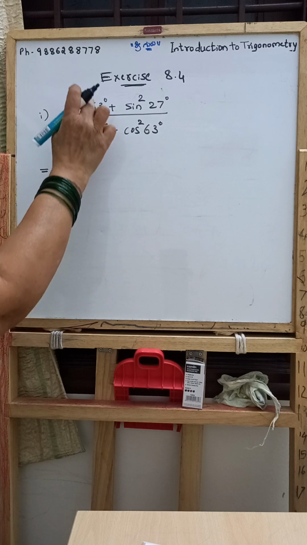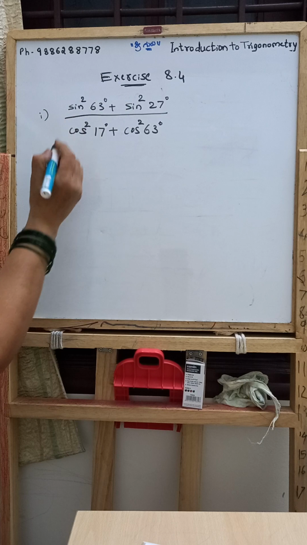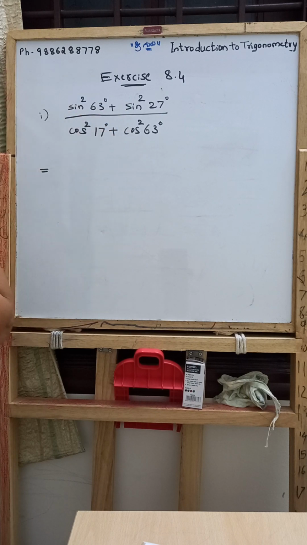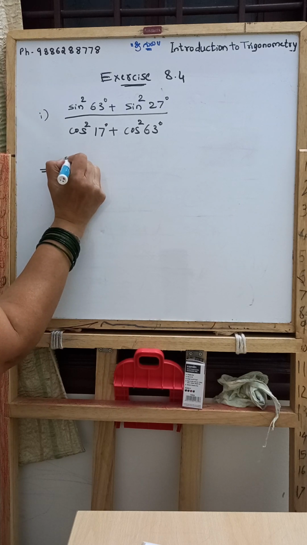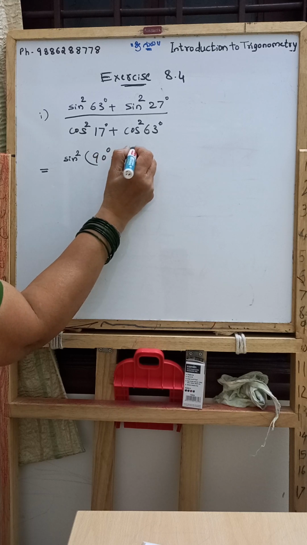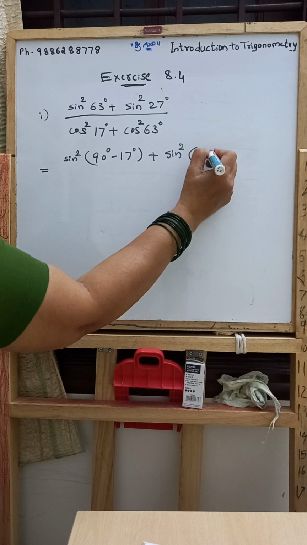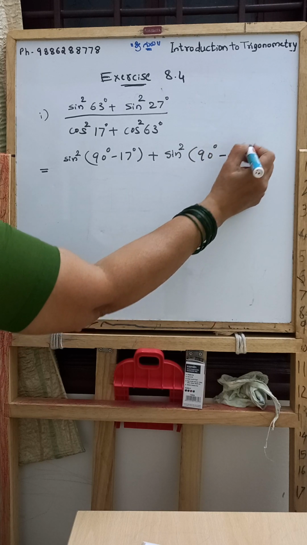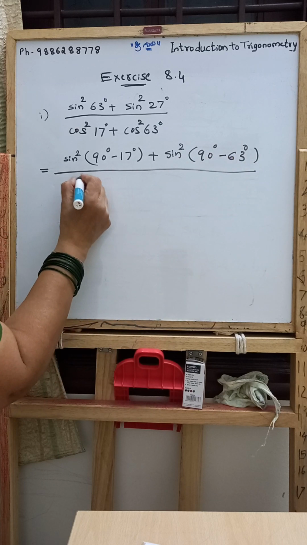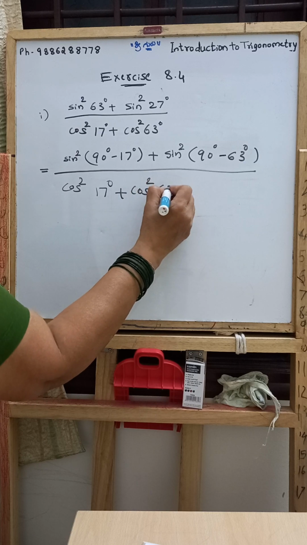Here we know that these two angles are complementary. Therefore, we will change the degrees as sine square of 90 degrees minus 17 degrees plus sine square of 90 degrees minus 63 degrees, whole divided by cos square of 17 degrees plus cos square of 63 degrees.